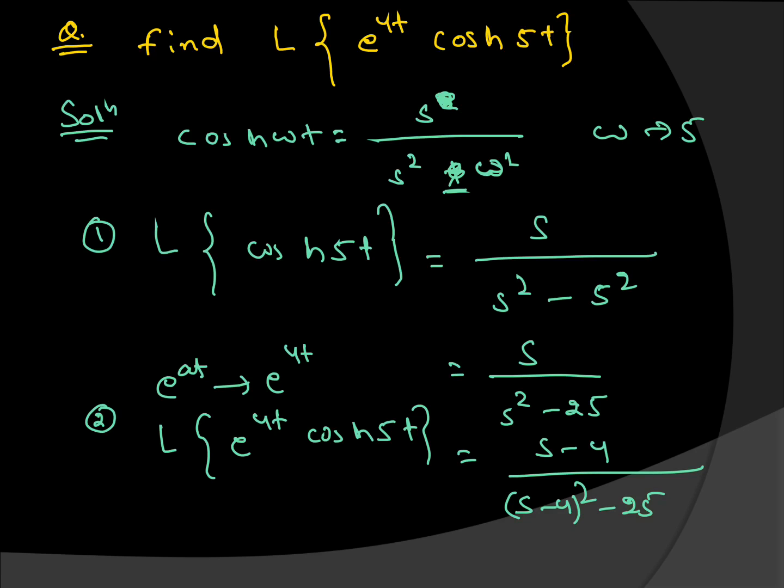If you solve further, you will get s minus 4 divided by s square minus 8s minus 9. This is your answer. You just have to remember the formulas.